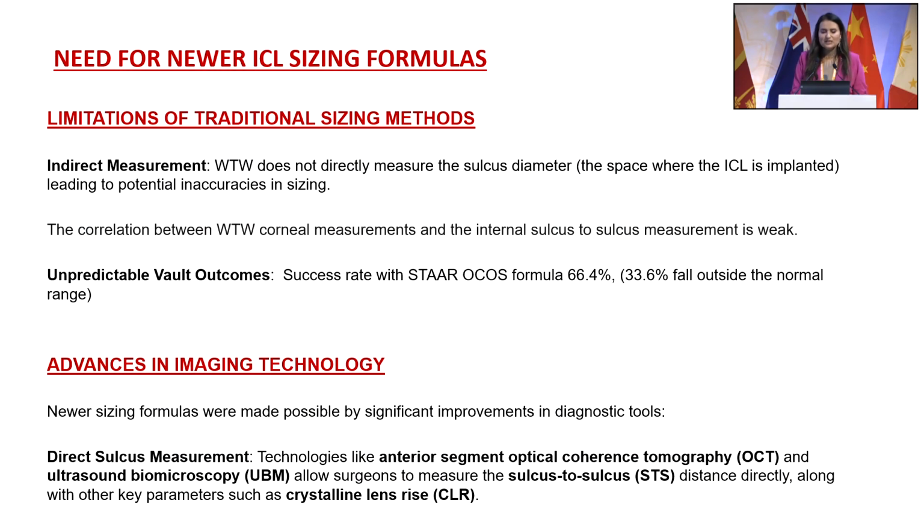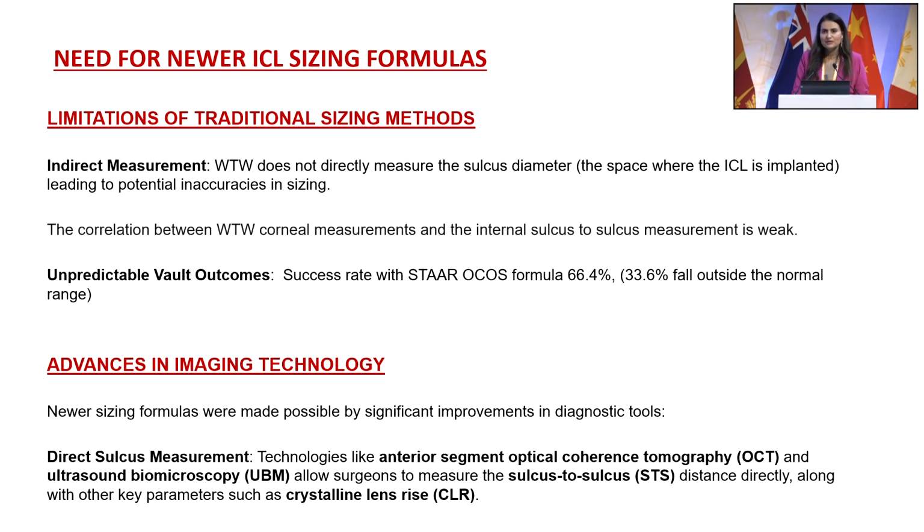Now, what was the need for newer ICL formulae? There were some limitations with the traditional methods of white to white calculations. As I said, the white to white does not directly measure the sulcus diameter, which is the actual space where the ICL will be implanted. So this can lead to potential inaccuracies in the sizing, and you can have post-op vaulting issues, either a very high vault or a low vault.